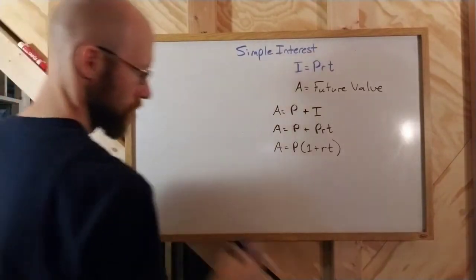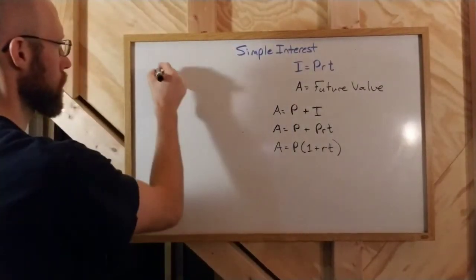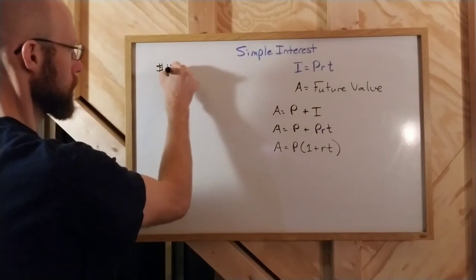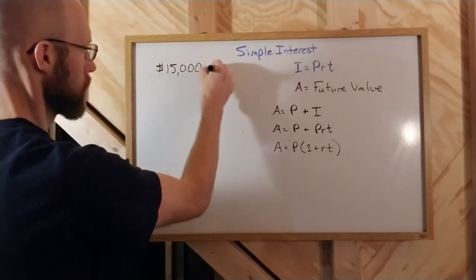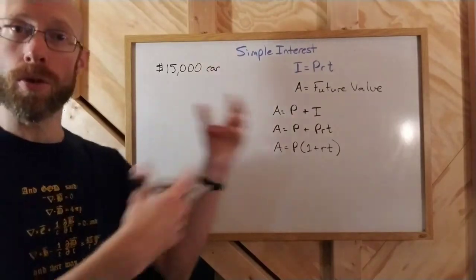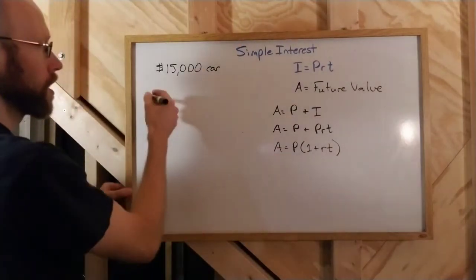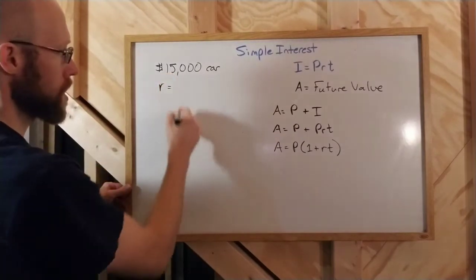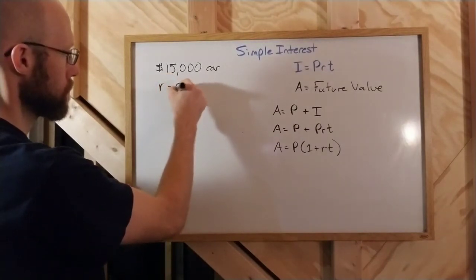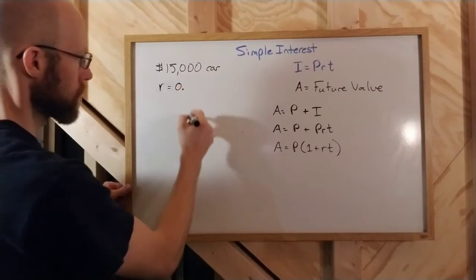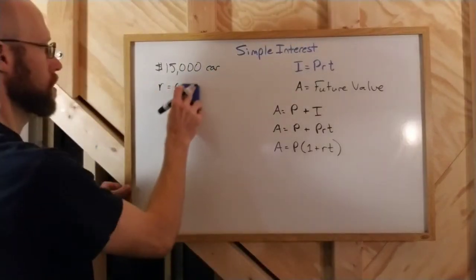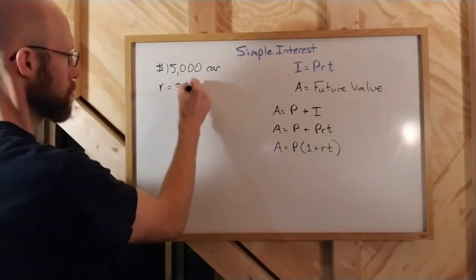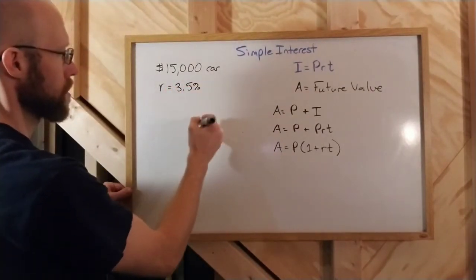Okay. So let's say I know my car is going to be worth $15,000. So that's what I want to purchase 2 years down the road. The interest rate, let's say, is a 3.5% interest rate.